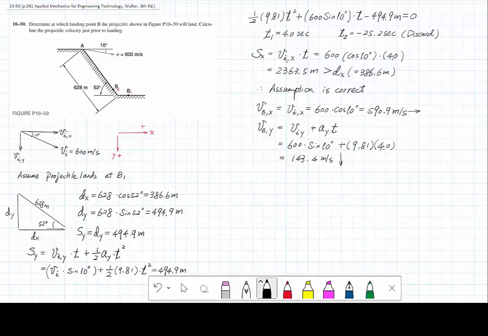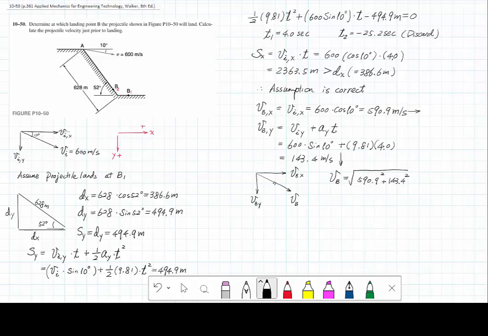So now we need to combine these two, right? We know VBX is this direction, VBY is this direction, and the actual VB should be a resultant of these two. So VB equals the square root of VBX, 590.9 squared, plus 143.4 squared.